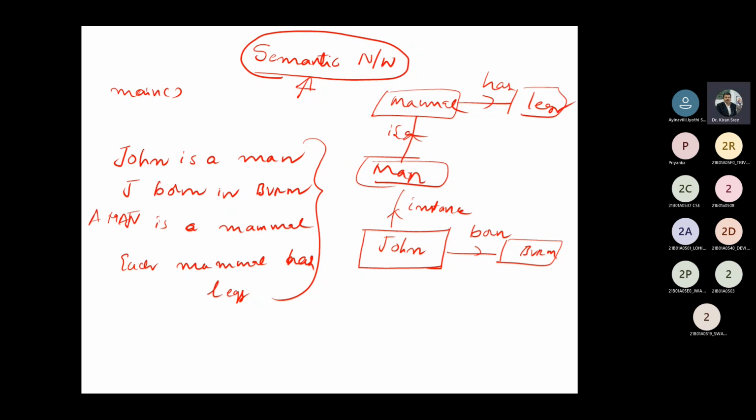The interest of drawing all these diagrams is that you'll be asked a query like: does John possess legs? You need to validate that statement. Is it a valid inference?